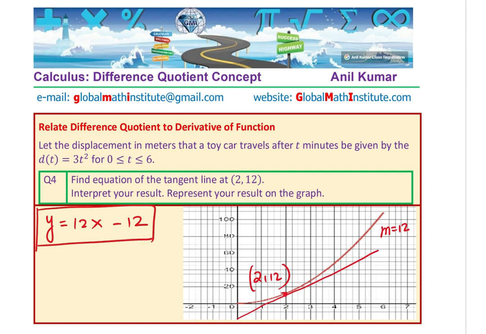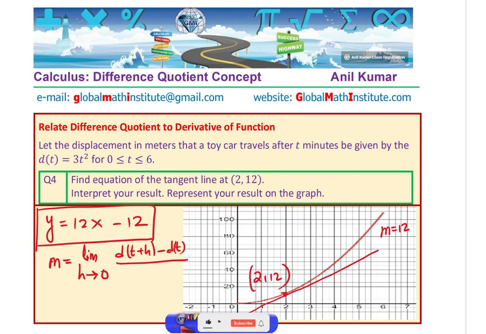So I hope you have understood the whole concept. So the difference quotient represents the slope of a tangent line m when the limit of h approaches 0, right? So we get d of t plus h minus d of t over h. For any function, we can adopt this method of finding the slope of a tangent line. Perfect. So I hope with this, you've understood the concept.